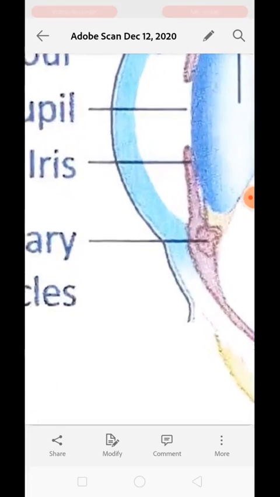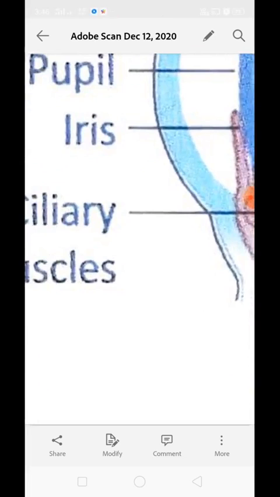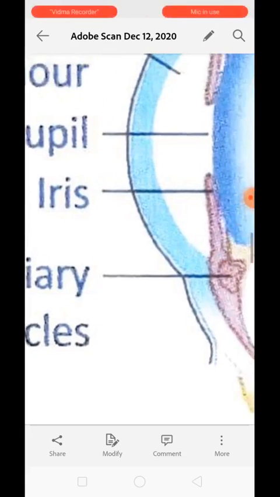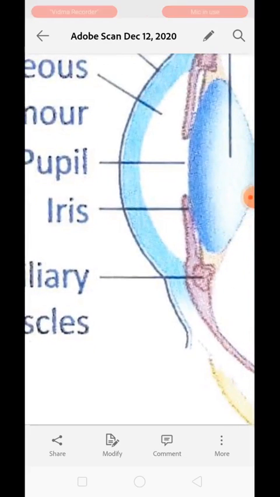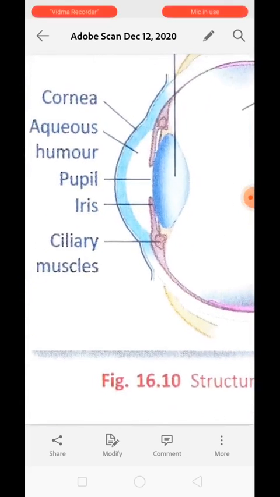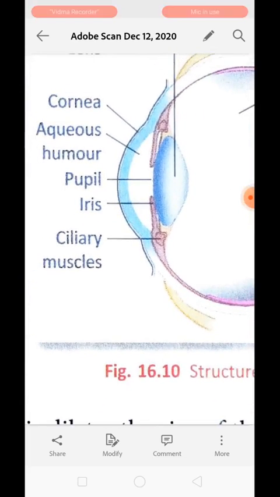You can see this is the iris. It is ring shaped, meaning it is present on all sides in a circular fashion over here. See this circular disc-like structure over here; in the same fashion the iris is also present in the human eye.